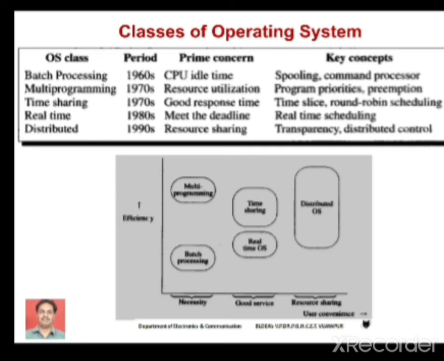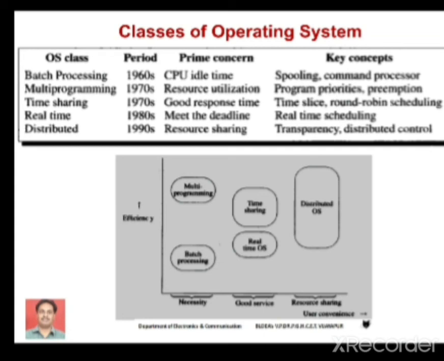Time slice means the time for which a particular program can be executed by the operating system in time sharing. Time slice usually will be a few nanoseconds or milliseconds.